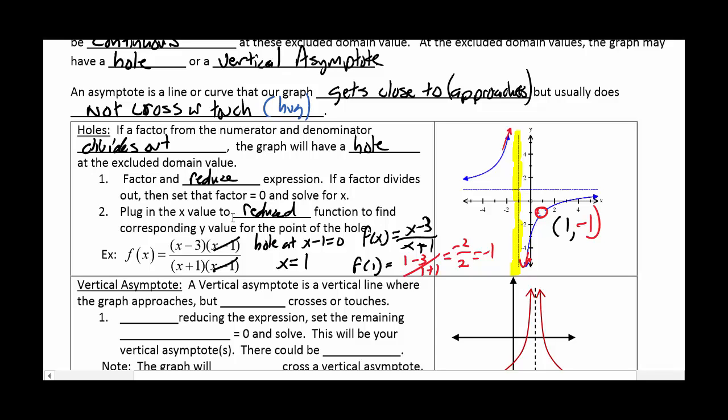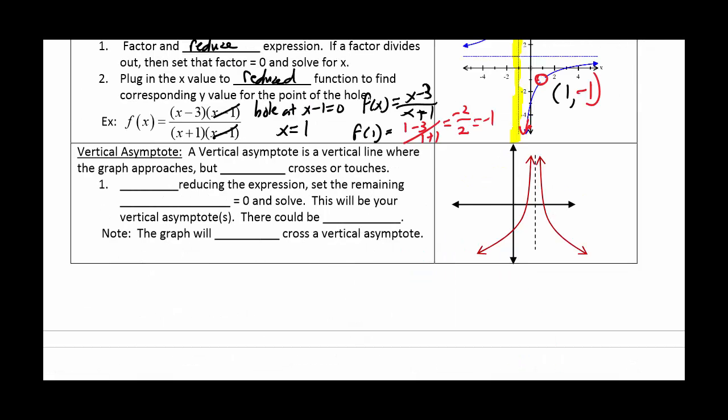A vertical asymptote. Okay, so a vertical asymptote is a vertical line where the graph approaches but never, write this really loud, never crosses or touches.